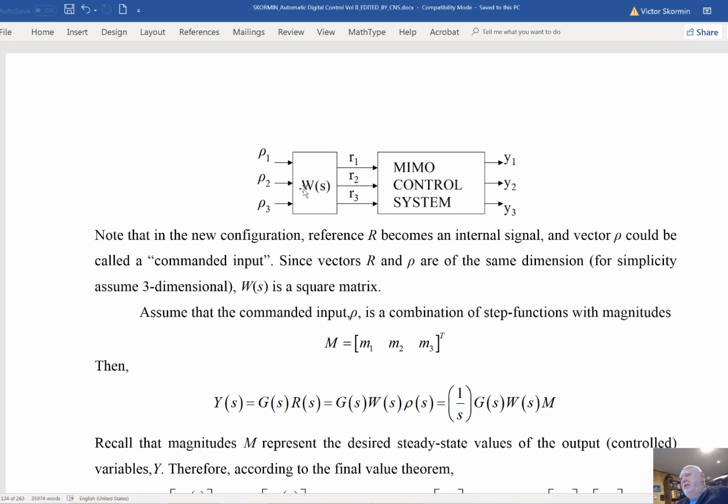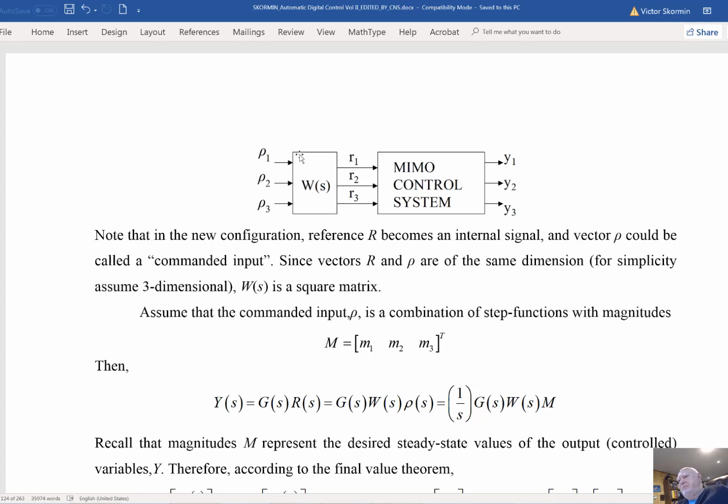However, this decoupling result is known as the steady state decoupling. How will this work? Let's say that you have this transfer matrix. Let's say that you replaced S by 0 in this transfer matrix. Let's say you define the static filter equal to the inverse of G where S is replaced by 0.